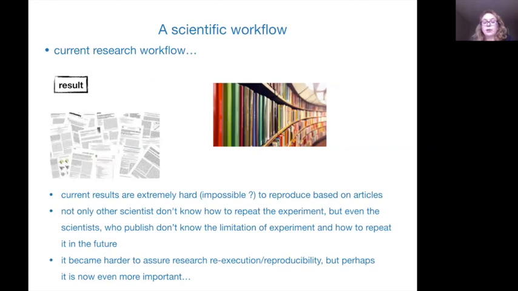It's true that it probably became harder to assure that research is reproducible, but perhaps also because we have so many new tools, so many much more complex computer programs, it is even more important to be able to reproduce the results and know the limitations of the results.